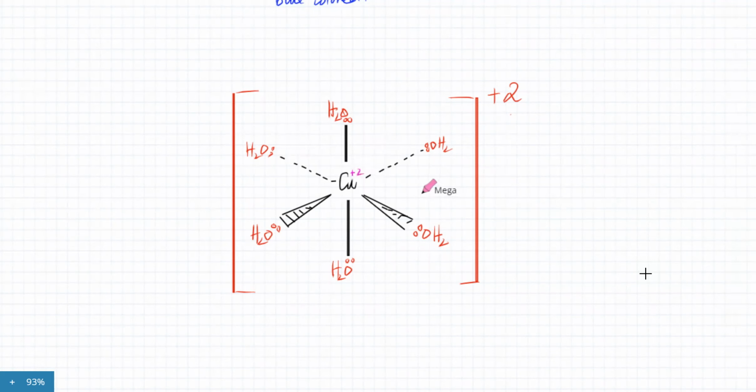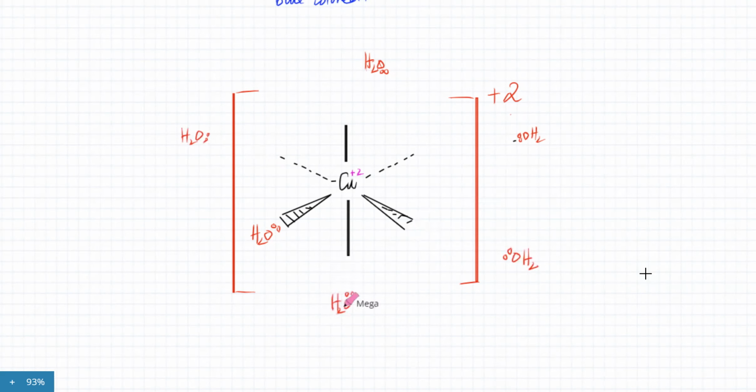Now remember that copper plus 2 is going to attract lone pairs from all sides. Let's keep the water molecules away for a second. They are there, but they haven't yet joined it. So you had a copper plus 2 and it's got these 6 sides.